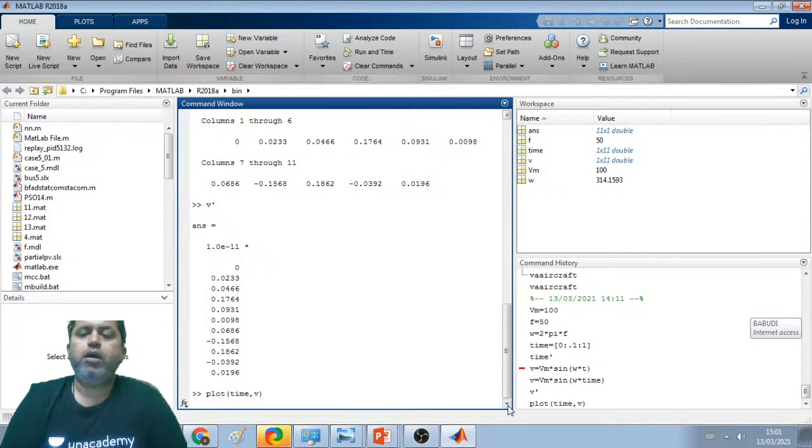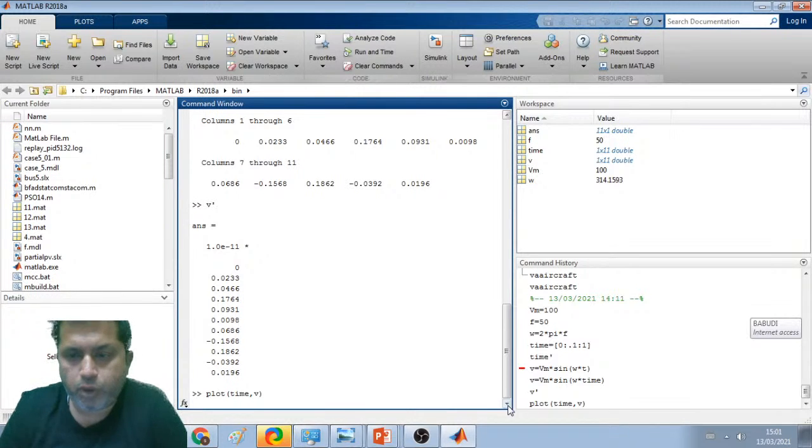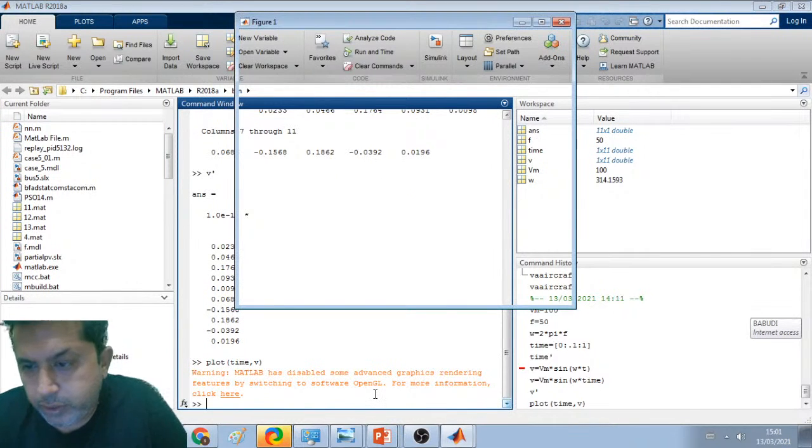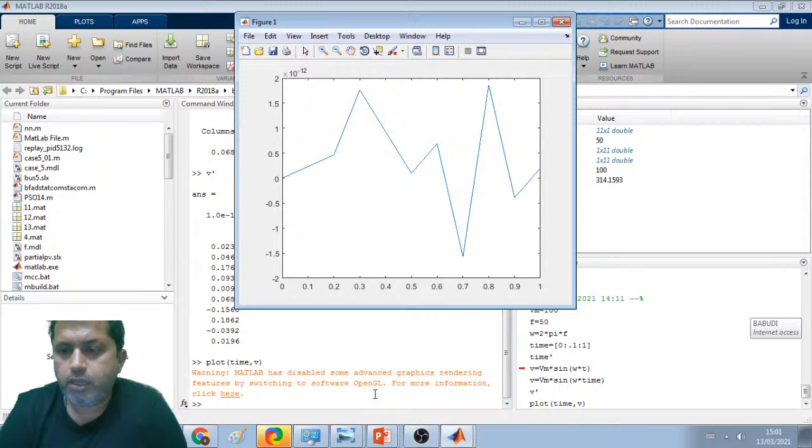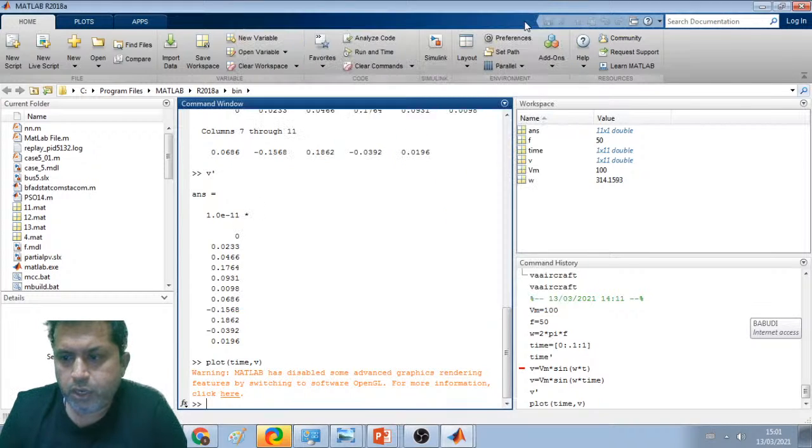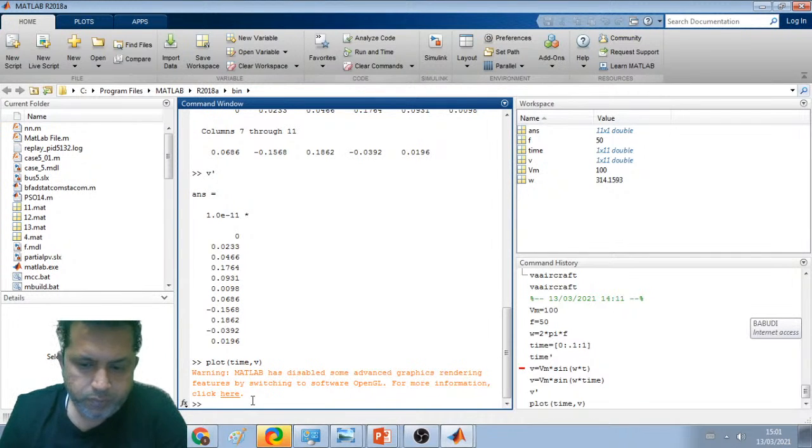We are basically plotting a sine curve. It is taking some time to calculate. Okay, it will come. So you can see that this is with regard to time. Now actually it should be with regard to omega t angle, theta equal to omega t. So theta is equal to omega star time t.